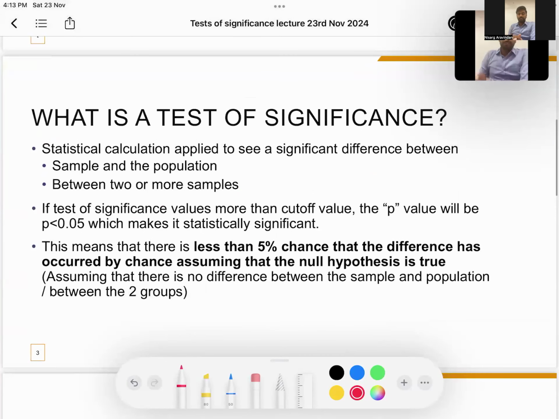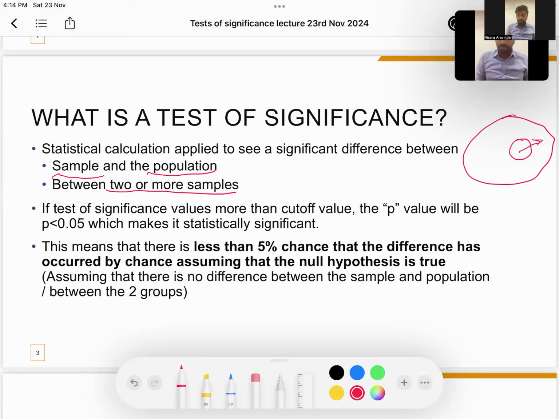Now we'll understand what it is, just briefly, before getting into the practical aspects. Statistical calculation is applied to see a significant difference between a sample and the population, and between two or more samples. Imagine you have an entire subset of people who are going to be in a population, and then there's going to be a smaller sample here.